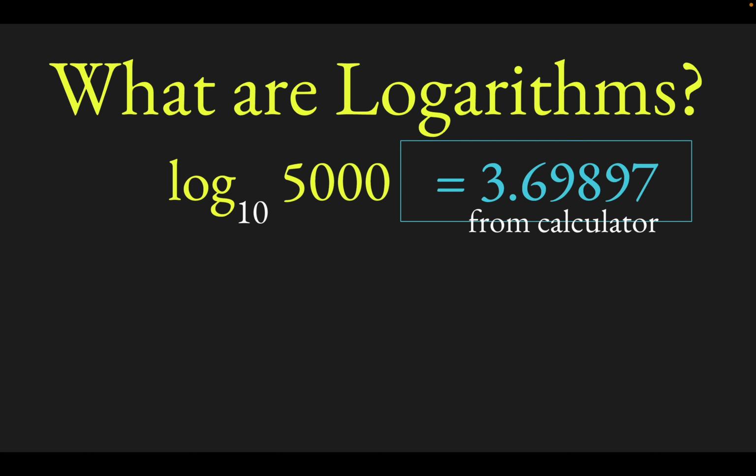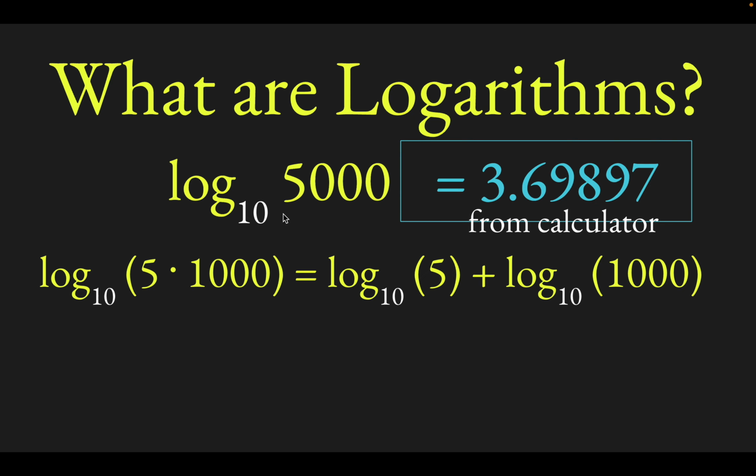So what are logarithms in general? Again, it's what exponent you would put on the base to get this number. So we had from before that 10 to the 3.69897 is pretty close to 5,000. A neat little thing to notice is, so log base 10 of 5,000, that's the same as log base 10 of 5 times 1,000, which, as it turns out, is log base 10 of 5 plus log base 10 of 1,000.